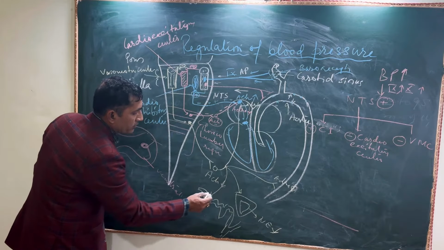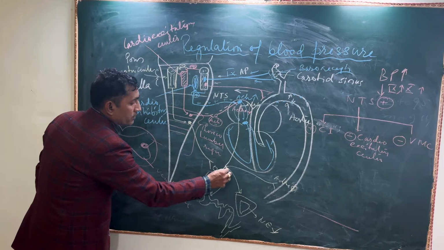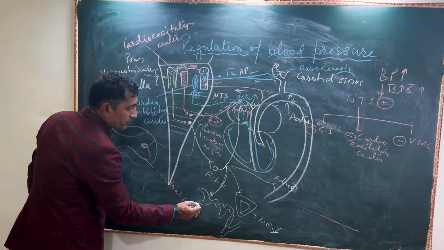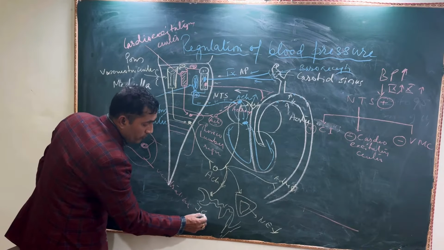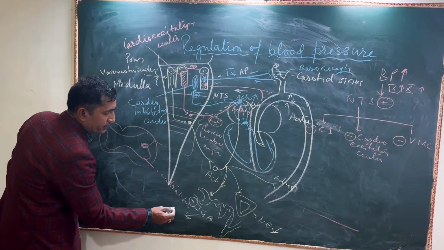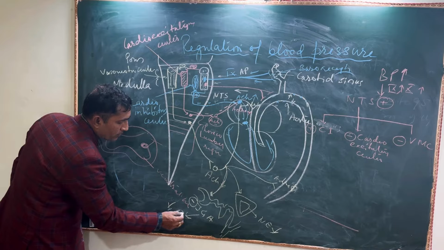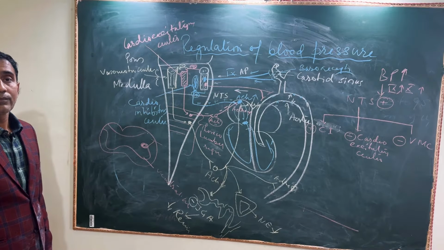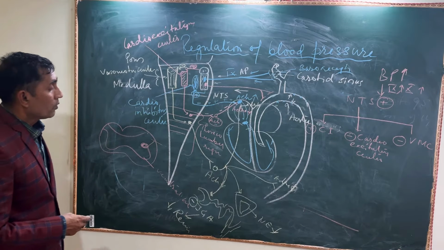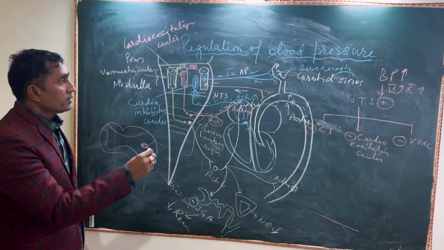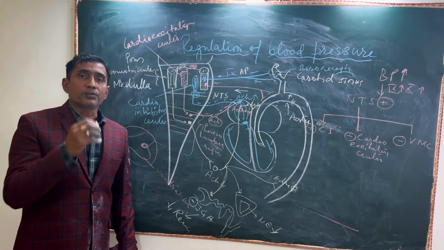This is the nephron, and this neuron will inhibit the juxtaglomerular apparatus, and there is less secretion of renin. What I want to say is, this is a reflex process.